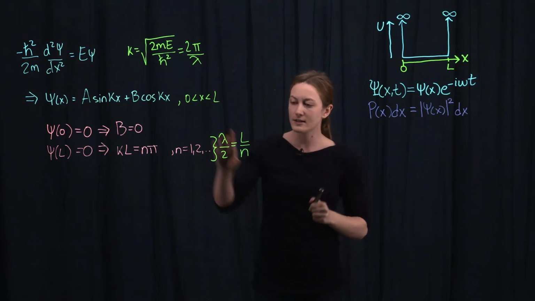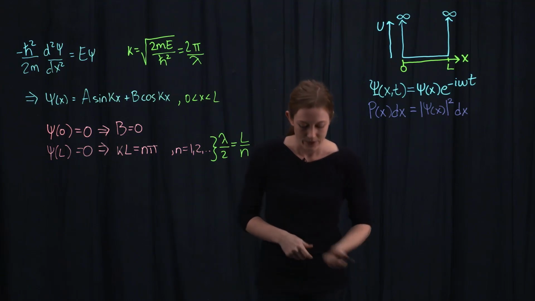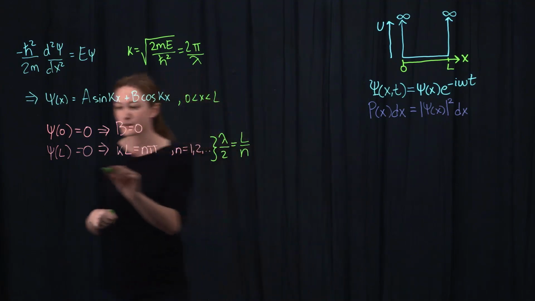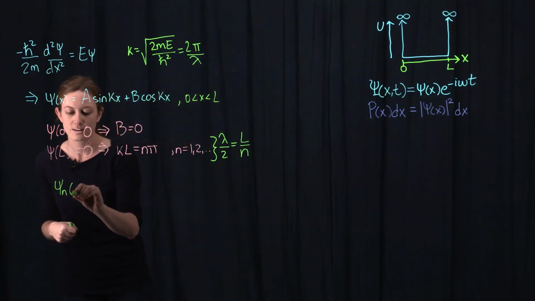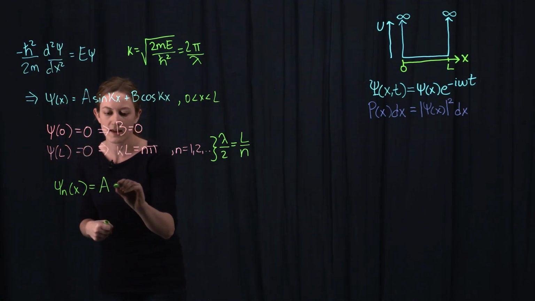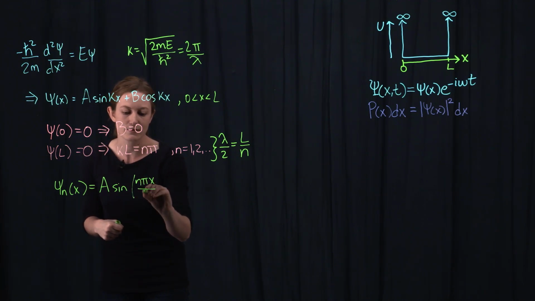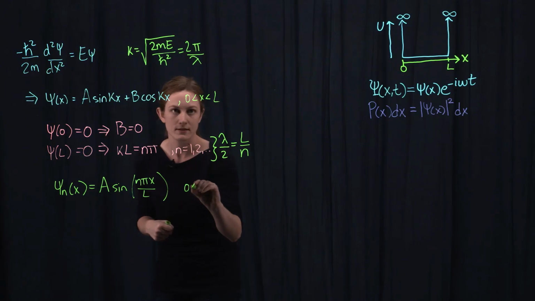In other words, an integral number of half wavelengths have to fit in the box. Okay, so let's write what we have so far. So far we've solved for the wave function psi n of x equals A sine n pi x over L in the box.